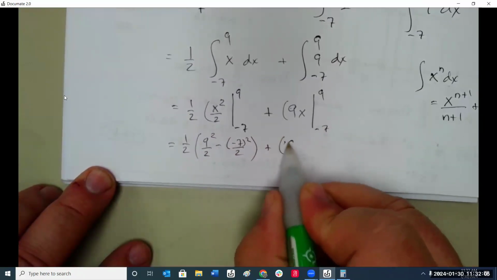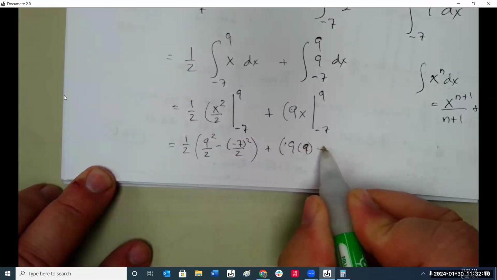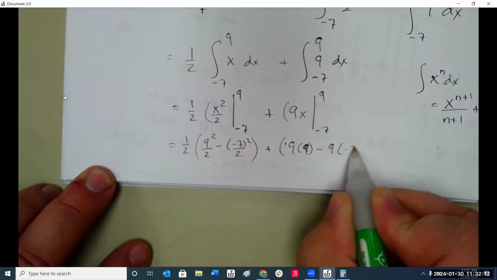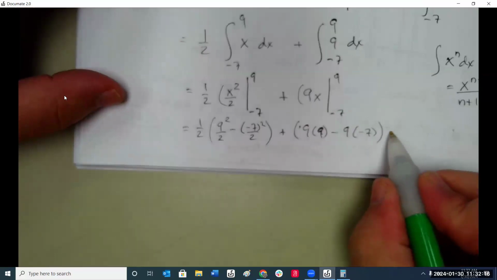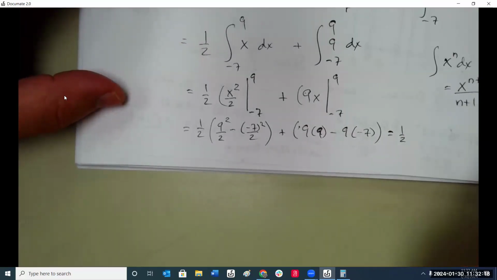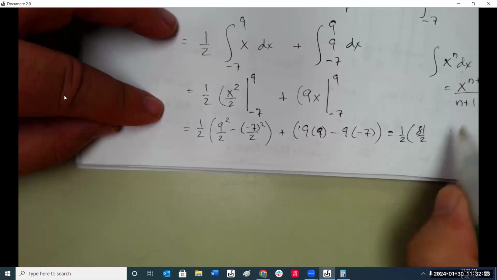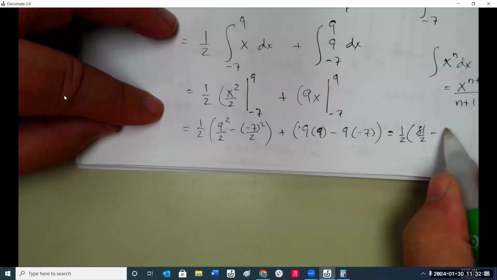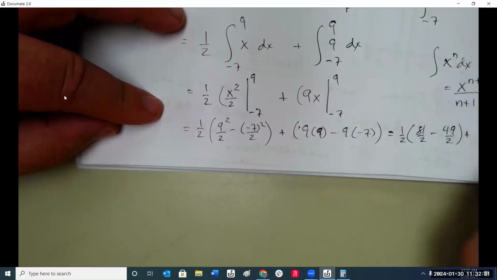Plus 9 times 9 minus 9 times negative 7. So (81 over 2 minus 49 over 2), 81 plus 63.